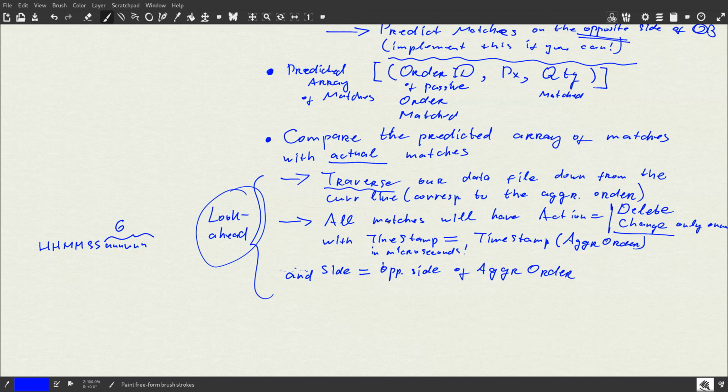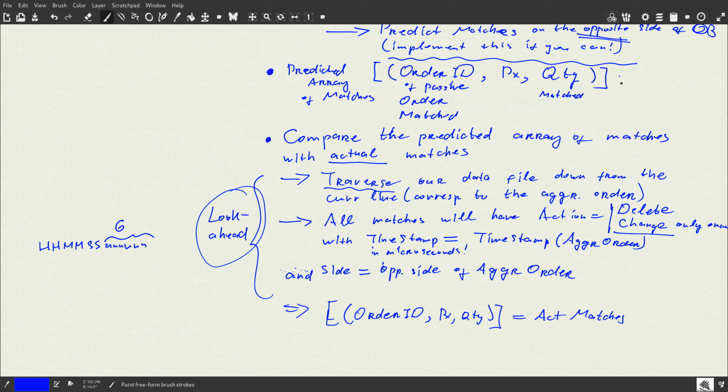If you encounter an aggressive order, you do a sub-traversal look ahead in order to identify possible matches, and that way you construct the same list of actual matches in the form of order ID, like for the projected one, price and quantity, which is the actual matches.